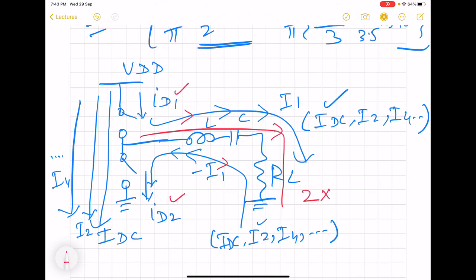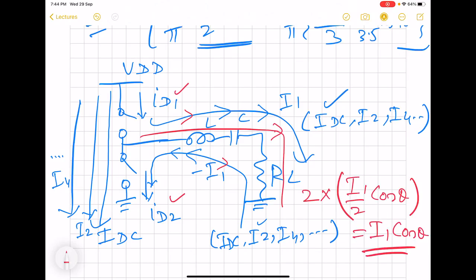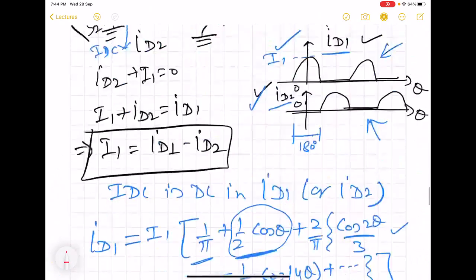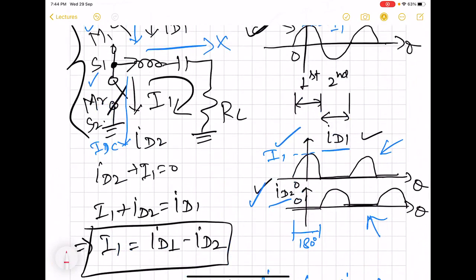So 2 times the fundamental, which is I1 by 2 cos theta, turns out to be I1 cos theta. So the amplitude that RL will experience for the fundamental is I1. And that is what we had shown here also when we analyzed the circuit by looking at ID1 and ID2 as the half waves.